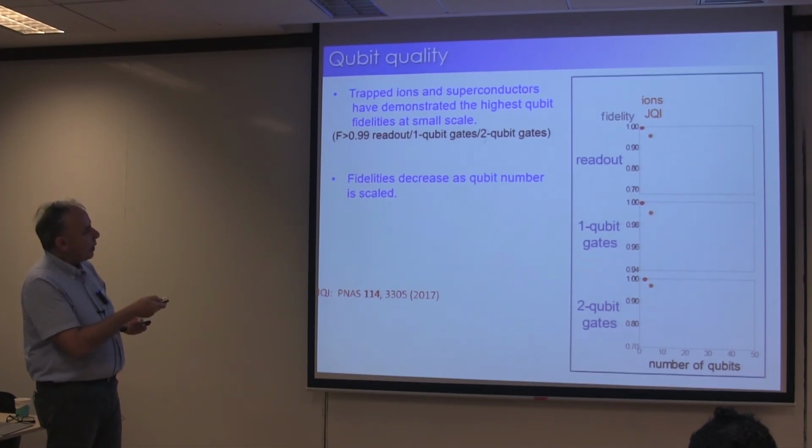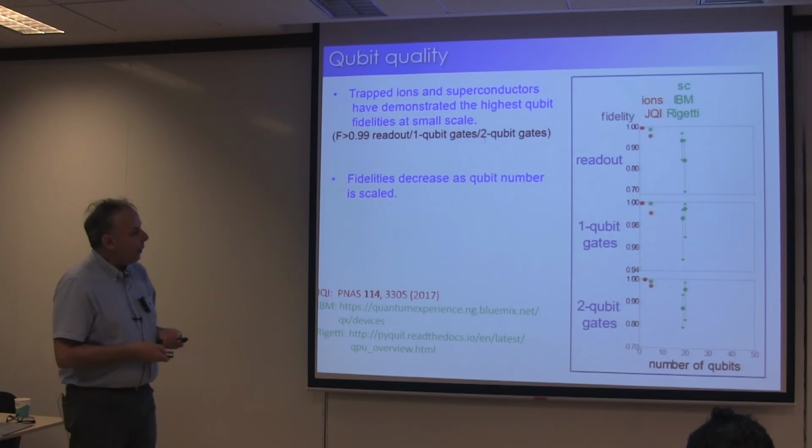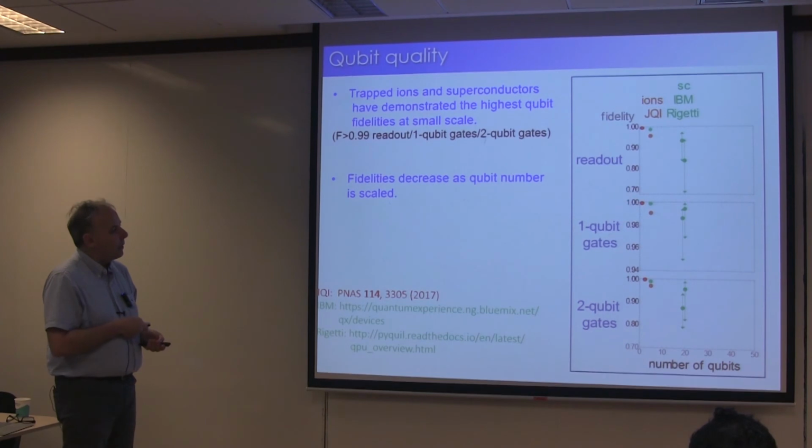So here's some data for trapped ions. 2 qubit experiments have very high fidelity for these 3 operations. 5 qubit experiments are still good, but a little bit worse. Here's some data from the largest published superconducting circuits. IBM has a 20 qubit chip. Rigetti has a 19 qubit chip. You can find their data on the web at these addresses.